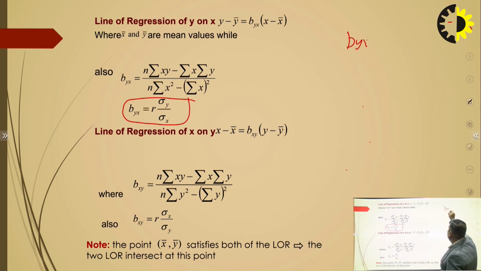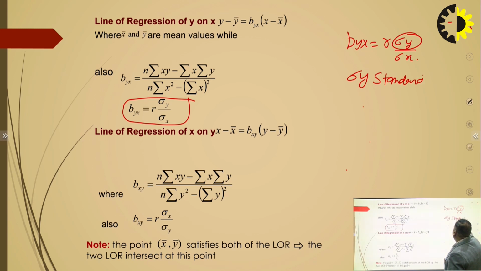Byx is equal to R sigma y upon sigma x, the standard deviation of y upon sigma x, the standard deviation of x.